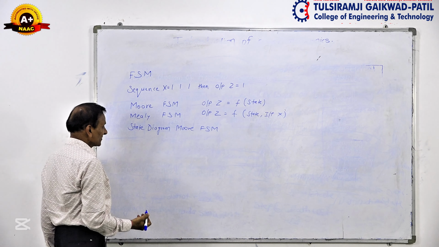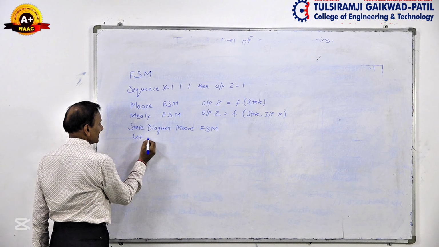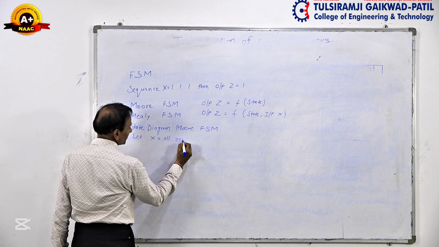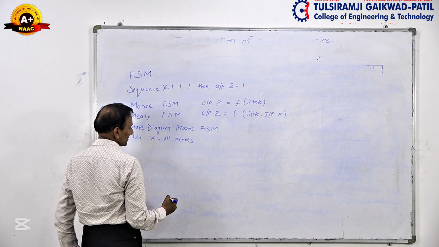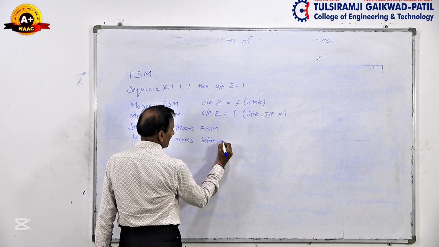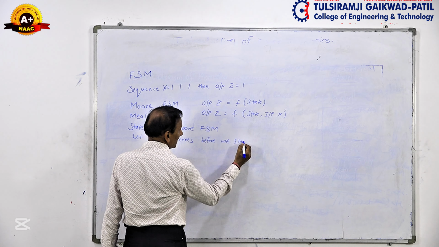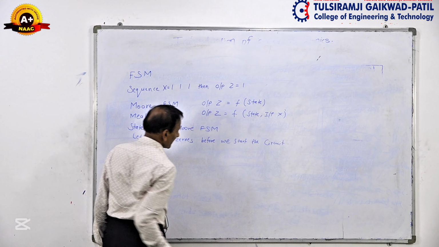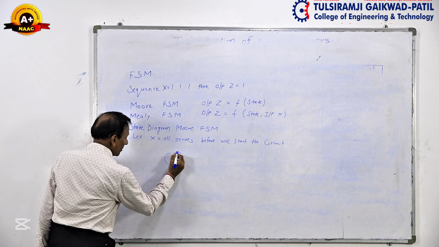Let us consider that input X is equal to all zeros before we start the circuit. Okay. So, we will have a state represented by a circle. Let us say that this is state A, and our input X we have considered to be all zeros.